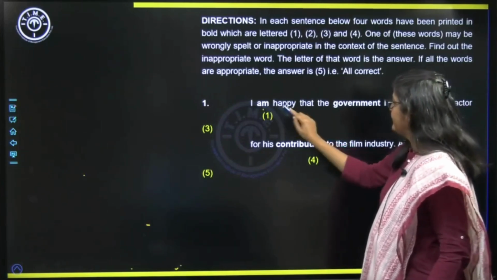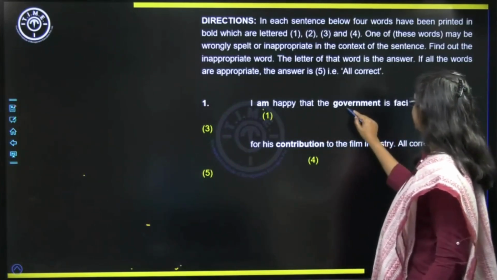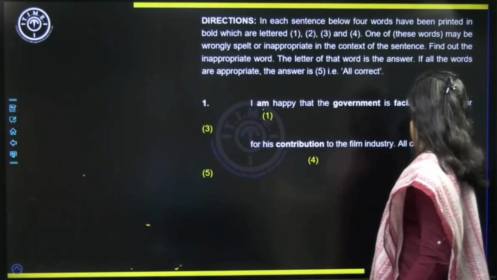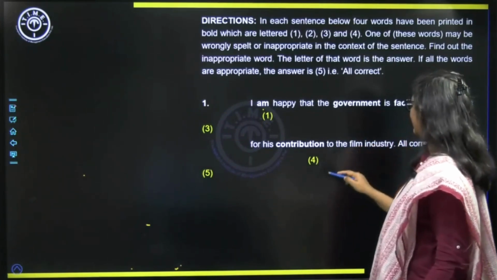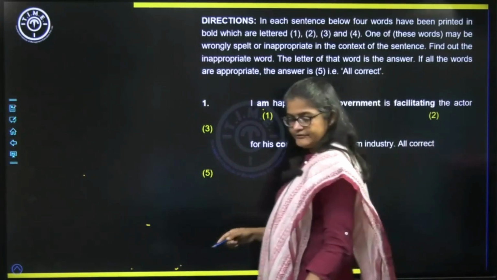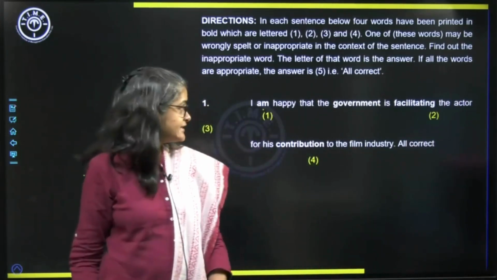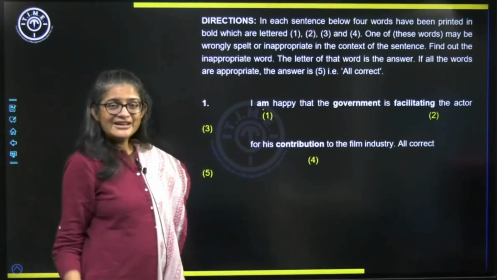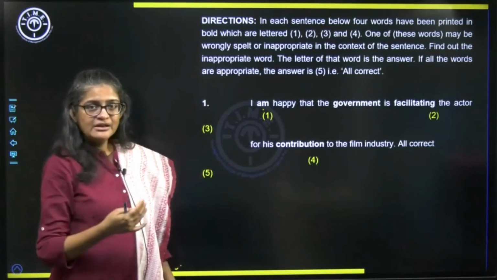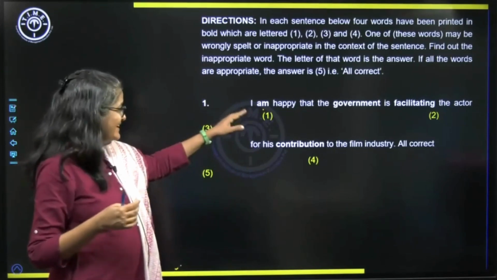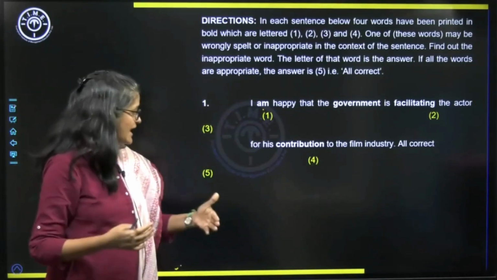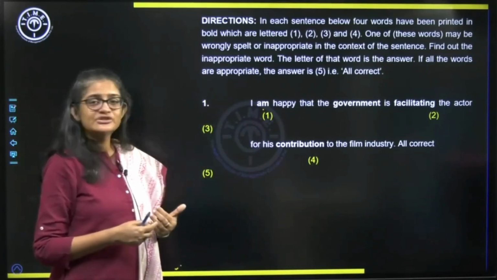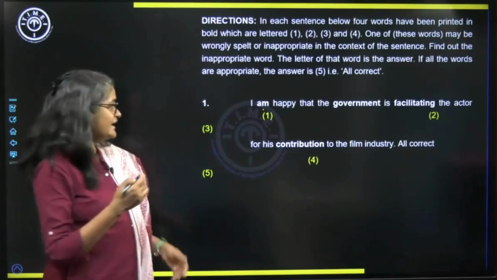I am happy that the government is facilitating the actor for his contribution to the film industry. Facilitating the actor? You facilitate something, but the government is honoring the actor for his contribution to the film industry. What is the right word here?